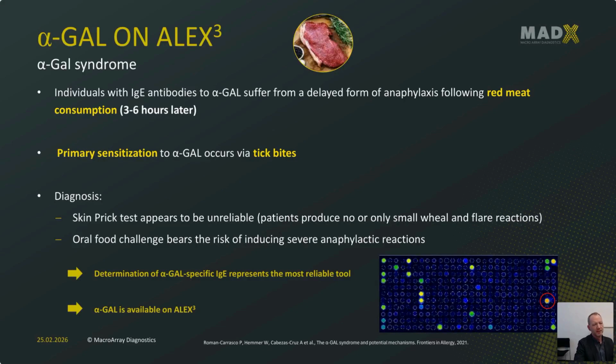Diagnosis is generally challenging, so skin prick tests appear to be quite unreliable, and oral food challenges with red meat bear the risk of inducing a severe anaphylactic reaction. As such, the detection of alpha-gal specific IgE represents the most reliable tool. Due to the increased importance of this allergen and this particular syndrome, alpha-gal has now been included on the ALEX3 chip, as illustrated and highlighted here.